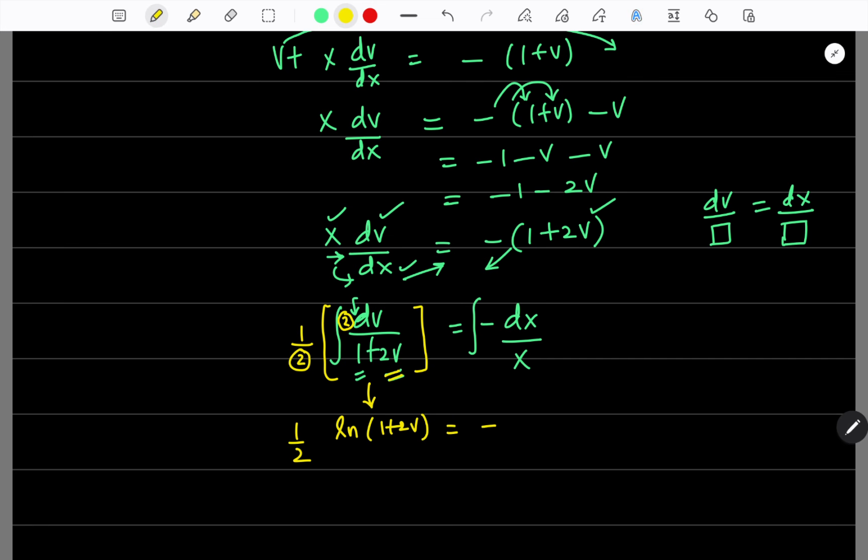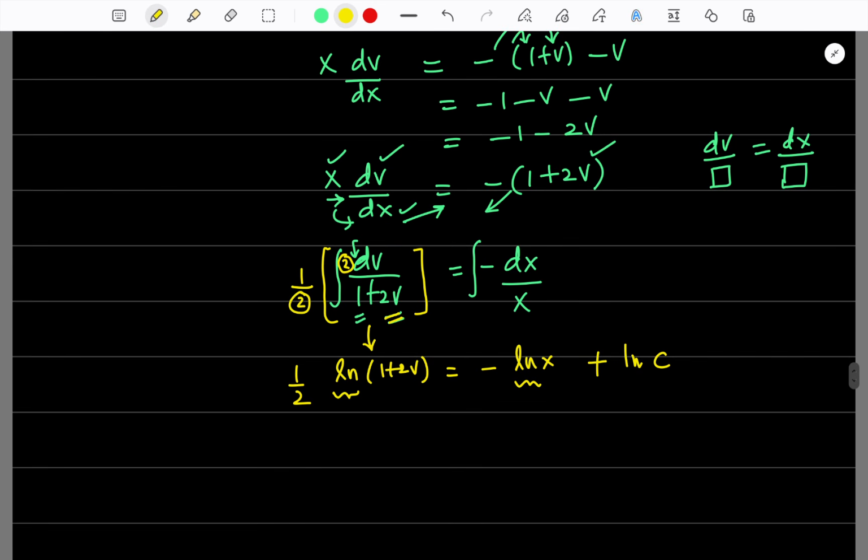So now this minus will come out and the integral will be ln x. Now look at your equation. This is your ln and this is your ln. So what happened to your c? Is it c? Yes? No, it should be ln c. What did I say in the previous videos? If all the expressions in your solution are with ln, then your constant must also be in terms of ln c.